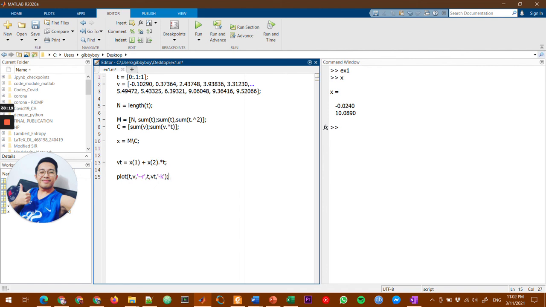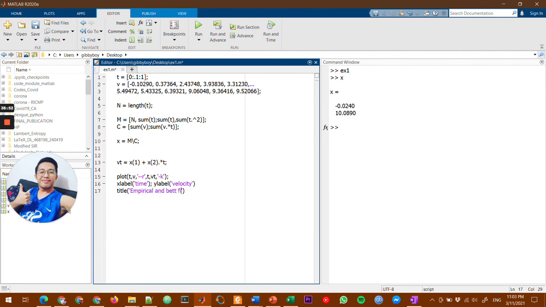Then, pa-add sa beauty sa itong adding beauty sa ito ang graph. We have X label, time, Y label, velocity, then you have title, empirical and best fit, right?